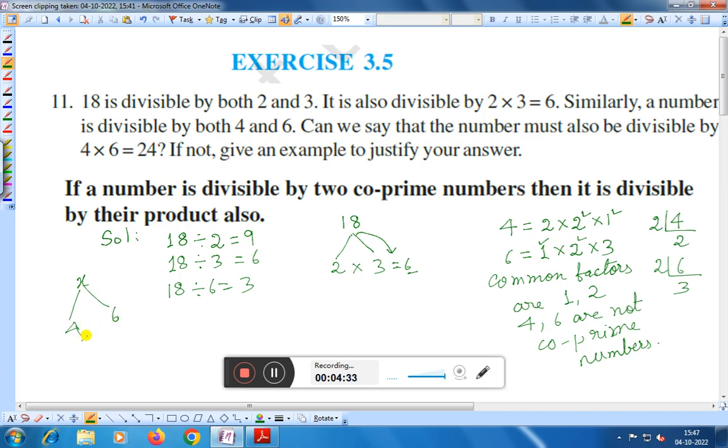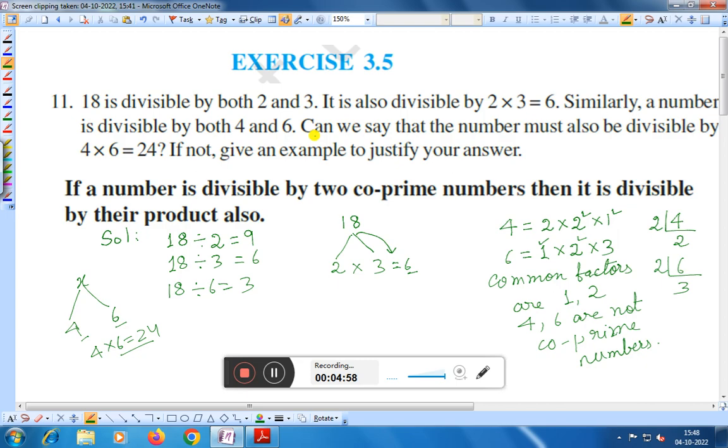But since the numbers 4 and 6 are not co-prime numbers, it cannot be divided by their product, that is 4 into 6 is equal to 24. That means x will not be divisible by 24, because 4 and 6 are not co-prime numbers. If they were co-prime numbers, then it would be divisible, right? You have to remember the rule: if a number is divisible by two co-prime numbers, then it is divisible by their product also.